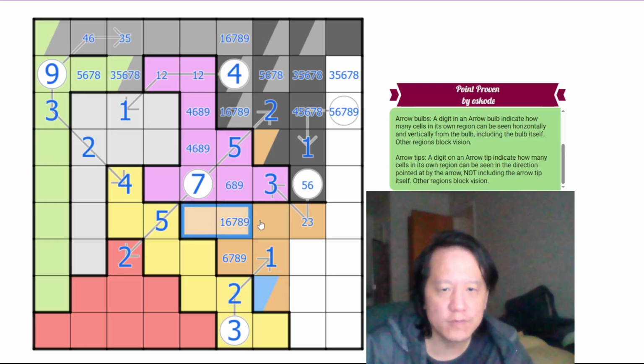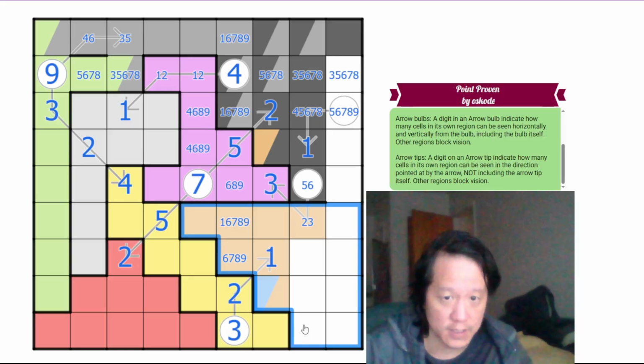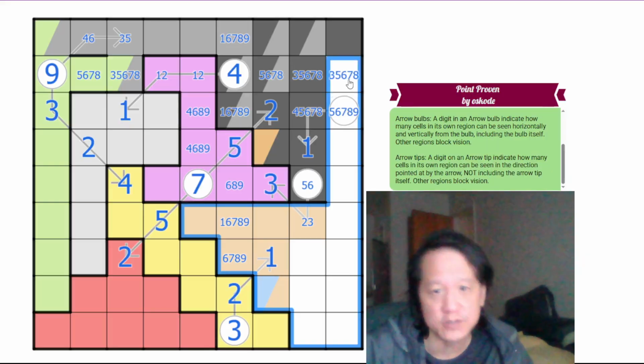This is dark. This cannot be orange. But we have 1, 2, 3, 4, 5, 6, 7, 8, 9, 10, 11, 12, 13, 14 cells. We need another 15, 16, 17, 18 cells to be full.